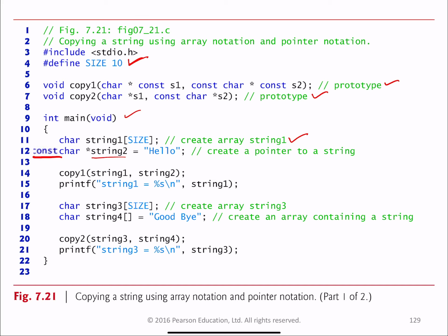And we have a character pointer, this is a pointer to a character constant, and it's a constant string hello.